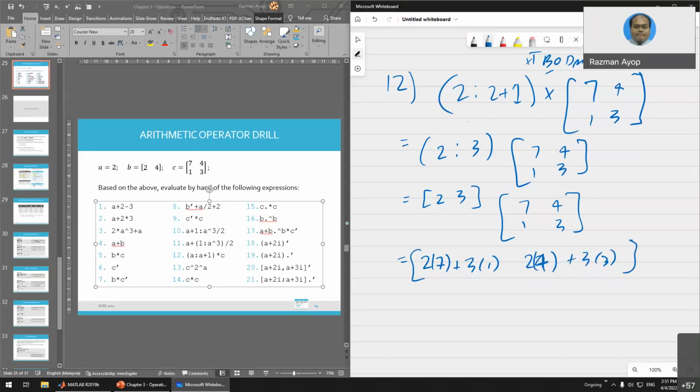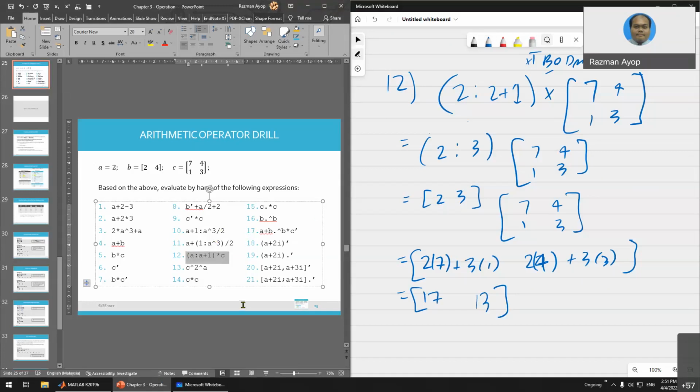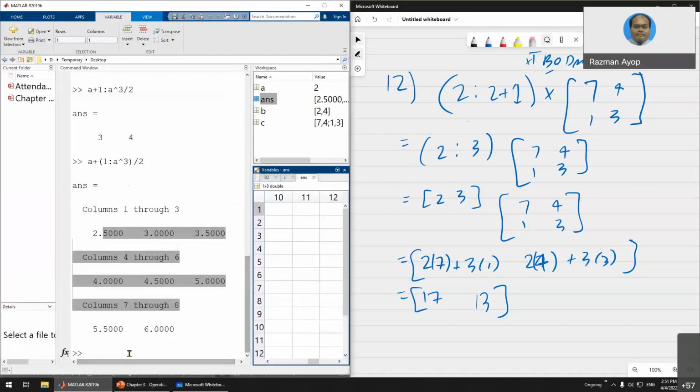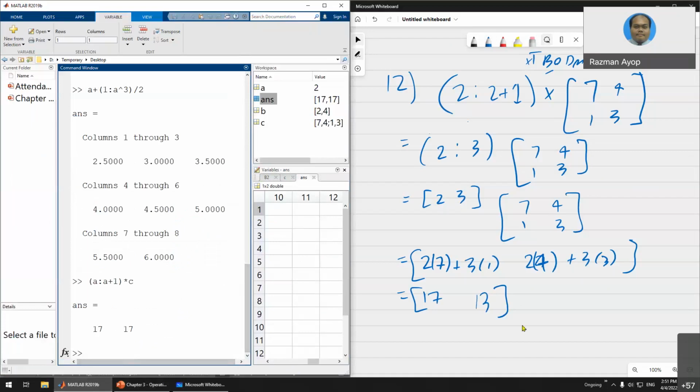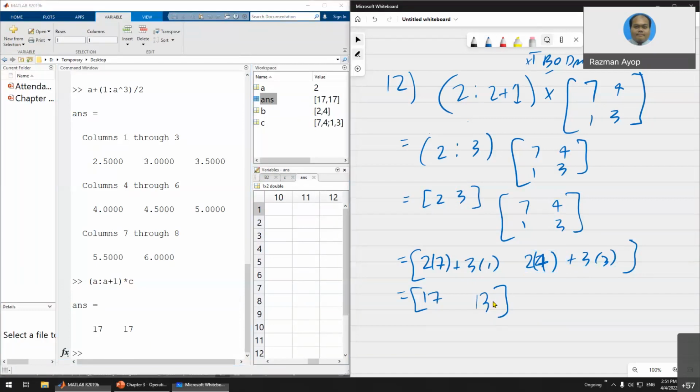Don't forget the square bracket. And 17, 8 9 13, right? Copy this. So something is wrong here. So 3 2 4 8 plus 3 3 9, oh, 9 8, 9 8 is 17.